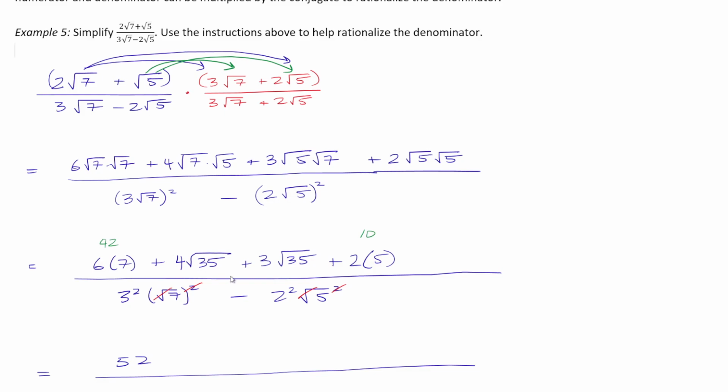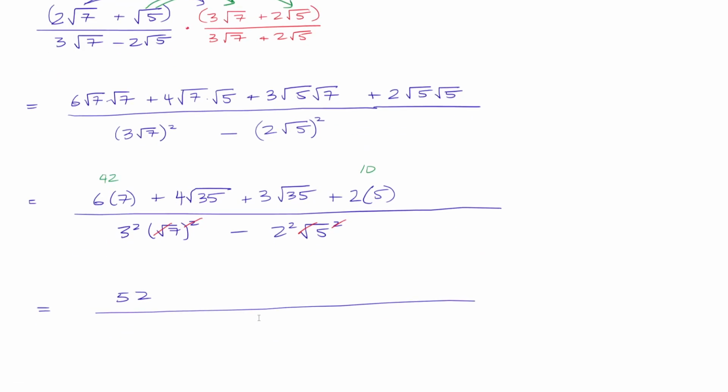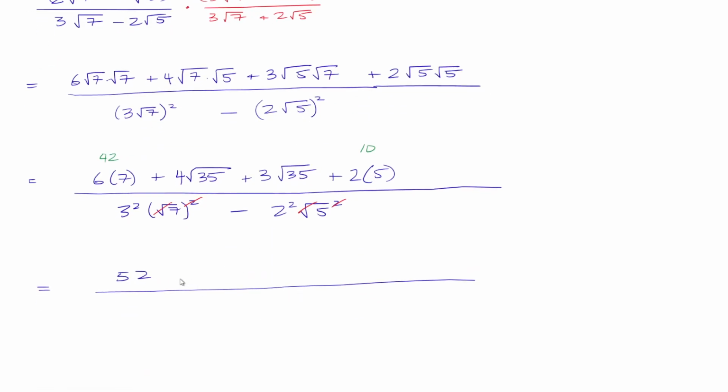And then 4√35 plus 3√35 is equal to 7√35.